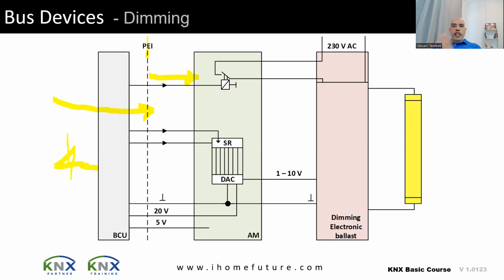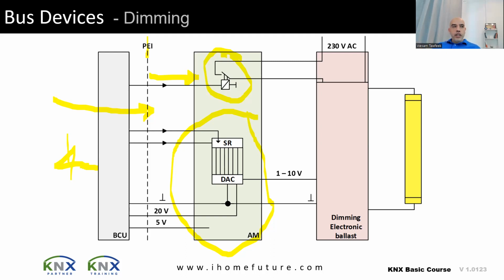So if it is a relay, I find here relays to do the on and off. If it's dimming, then it's devices doing the dimming. And in the dimming, you always have two parts: a part for the dimming and a part for on-off, because I can just switch off or switch on the relay itself. So here, this is a relay that's connected to the dimmer itself, and from here, I can switch the dimmer on and off.